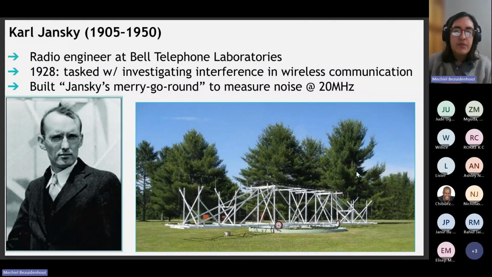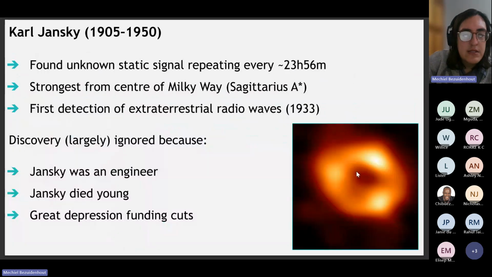And so he would turn his merry-go-round slowly and try to observe different parts of the sky at about 20 megahertz. And he did that for many months. He was able to distinguish between different sources of noise in communications. He could see what was from man-made interference, what was from lightning, all of that.